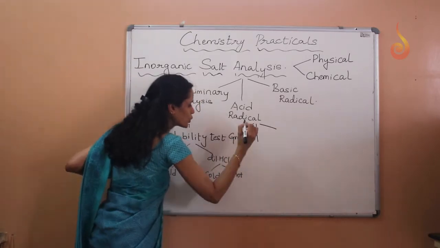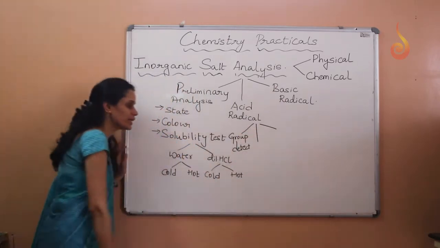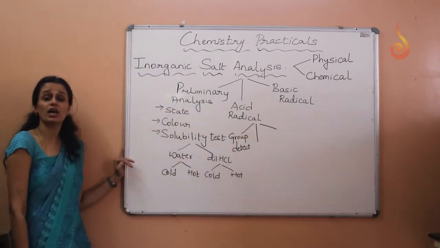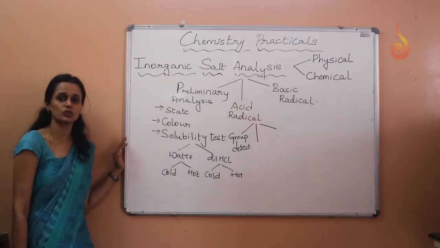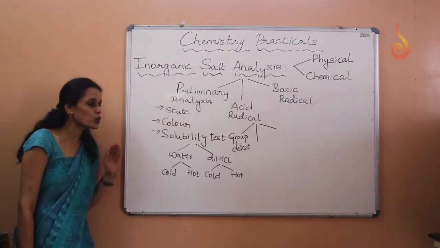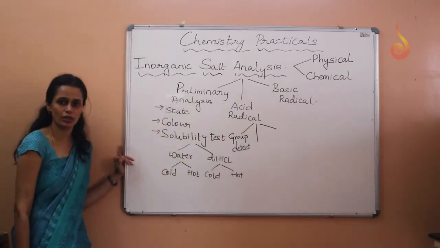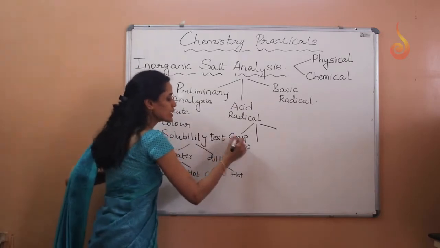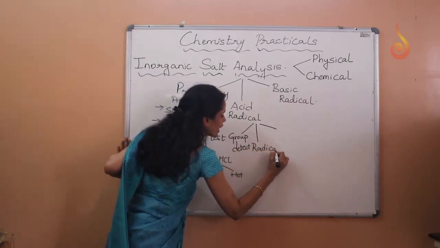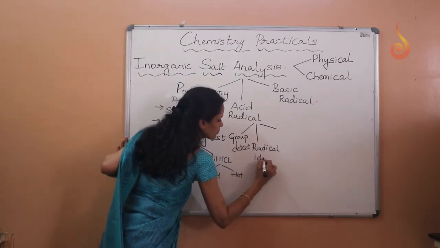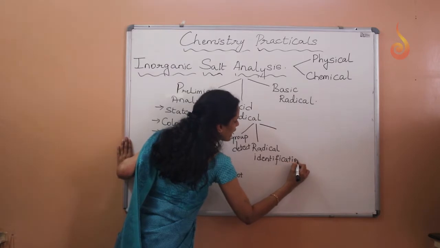Firstly, we have to detect the group. Why do we need to detect the group? Because we are not aware of which radical is present in the salt. So, to reduce our job, first and foremost, we need to detect the group, and then once we detect the group, we have to identify the radical.